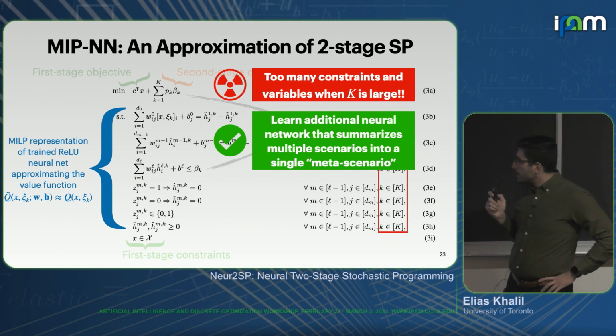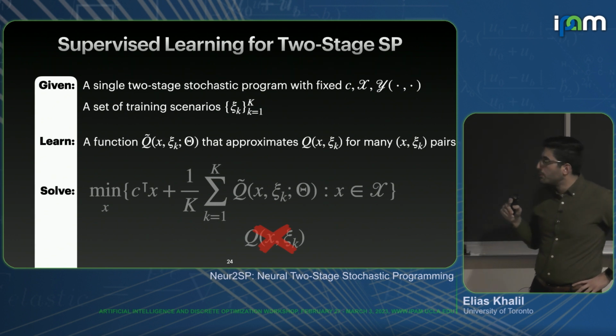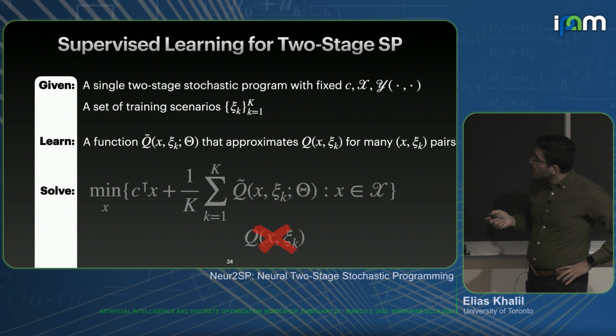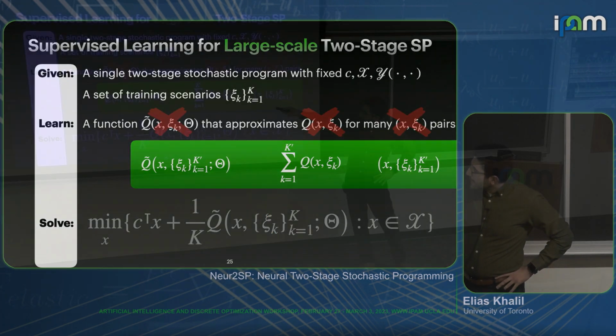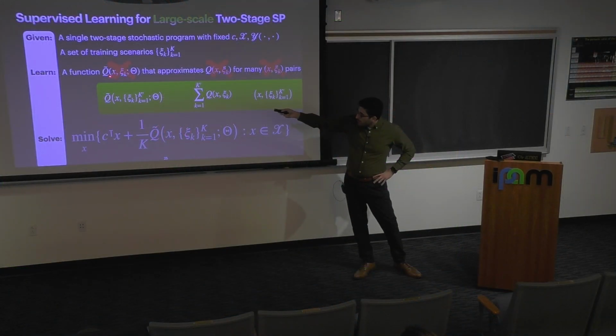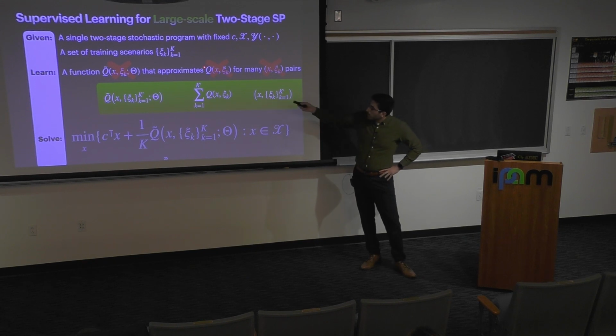This is where neural nets are really, the fact that you can train these things end to end is extremely crucial and helpful. So we're going to change the supervised learning formulation. Instead of learning a function that approximates the second stage cost for one first stage solution and one scenario, psi k, we're going to learn the value function for a set of scenarios. We're going to approximate for the sum, and this changes the structure of our data set.